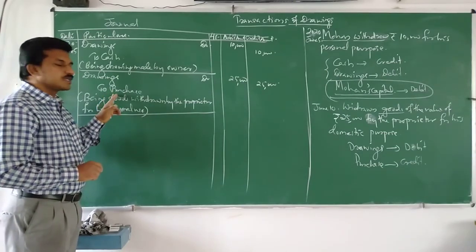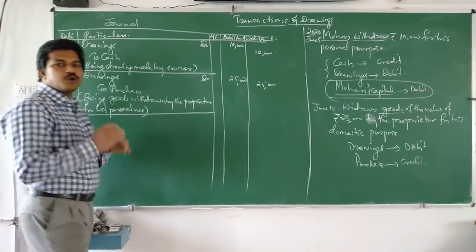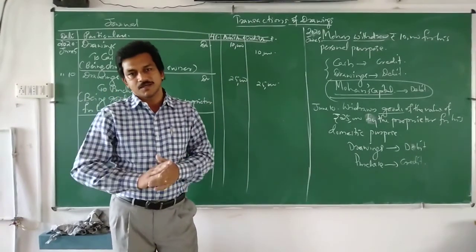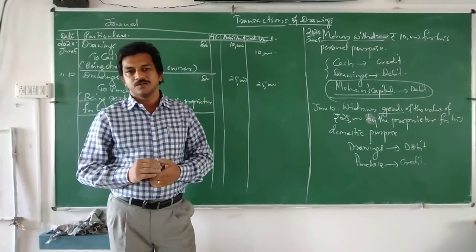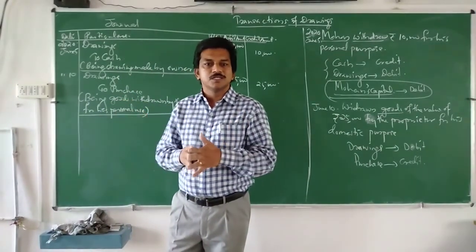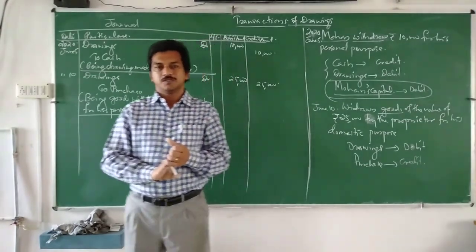Purchase will be credited at this time only. That means when goods are withdrawn by the proprietor, at that time only purchase will get a credit. Otherwise, purchase will always be debited. Okay, you should not forget: purchase gets credited at the time when goods are withdrawn by the proprietor.